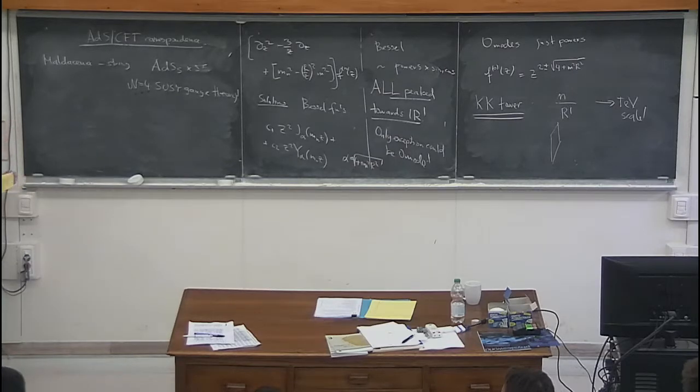Now, what we would like to do is take some of the essential ingredients that inspired Maldacena and try to generalize them to the kind of theories that we are talking about, which are not 10-dimensional theories. They are just 5 dimensions, and they are not supersymmetric.